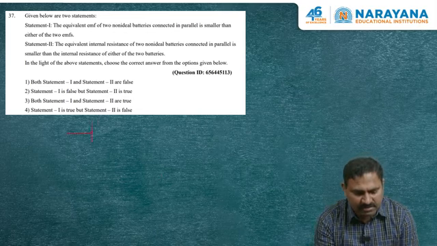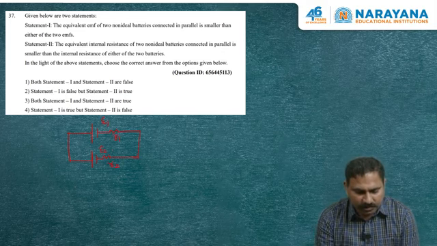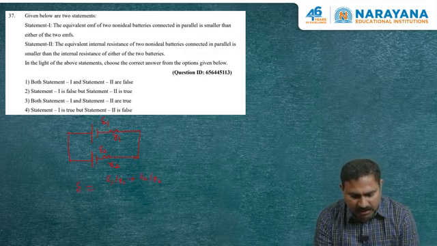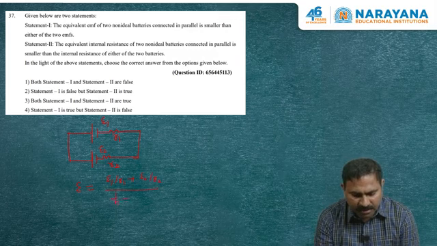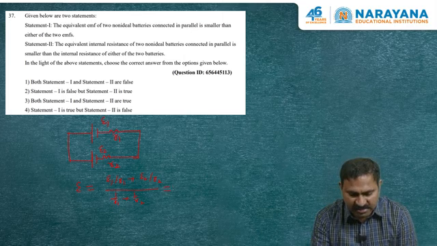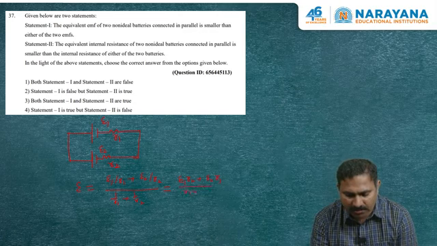When two batteries of EMFs E1 and E2 having internal resistances R1 and R2 are connected in parallel like this, now if you write the effective EMF in this case, it comes out to be (E1 by R1 plus E2 by R2) whole divided by (1 by R1 plus 1 by R2). For the combination of two cells, it can be rewritten as (E1 R2 plus E2 R1) by (R1 plus R2).